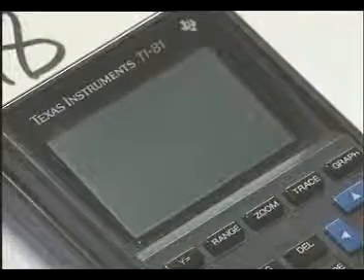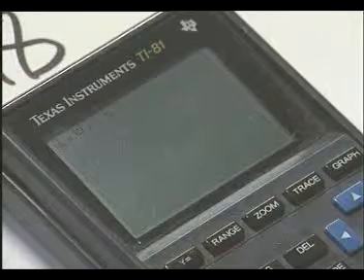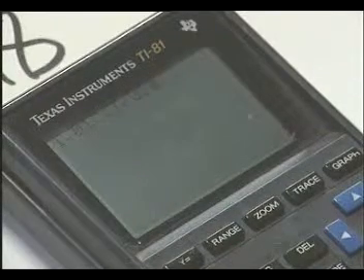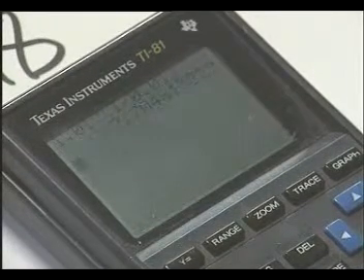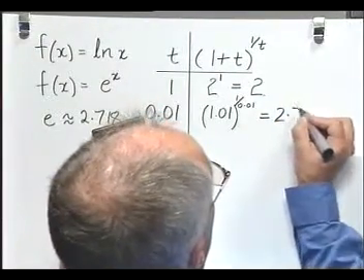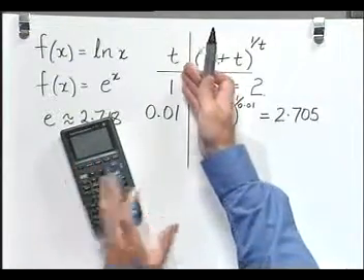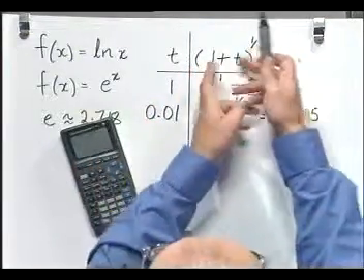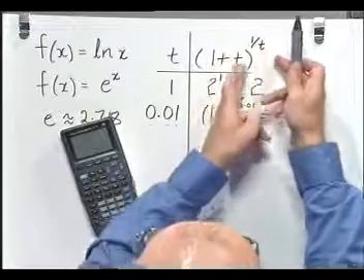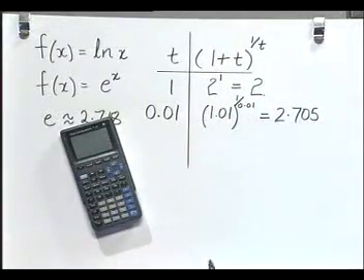So I want 1.01 raised to the power 1 divided by 0.01. And that evaluates to 2.705. So we see, as t has been made smaller, the value of this expression, 1 plus t to the 1 over t, is increased from 2 to just over 2.7.